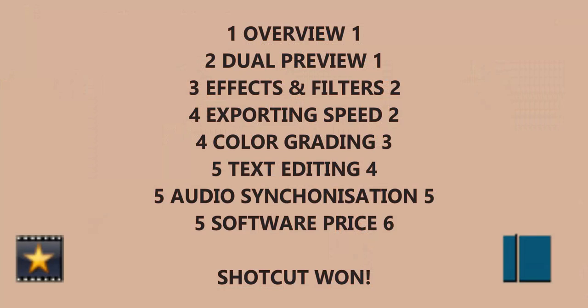So that's all. For the overview, both of them got the dual points. Then for the split screen, we gave it to VideoPad, which means VideoPad has 2 points by far, and Shotcut had 1 point. For the effects and filters, the dual points, VideoPad has 3 points and Shotcut has 2 points. Then for the exporting speed, VideoPad had 4 points, Shotcut had 2 points.